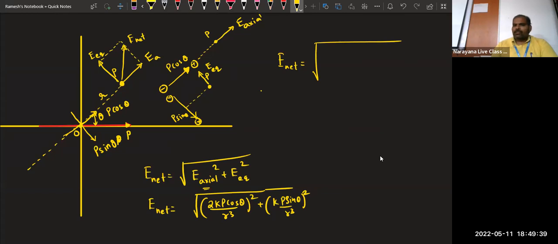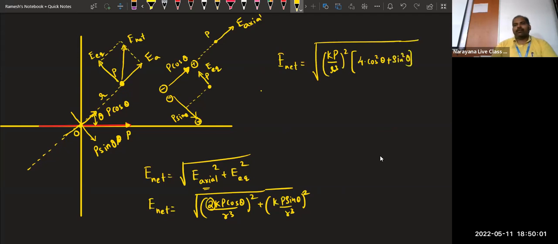The axial electric field appears 2 times, so I will take some common terms outside. (kp by r cube) whole squared I can take common, and in the bracket, 4 cosine square theta plus sine square theta.